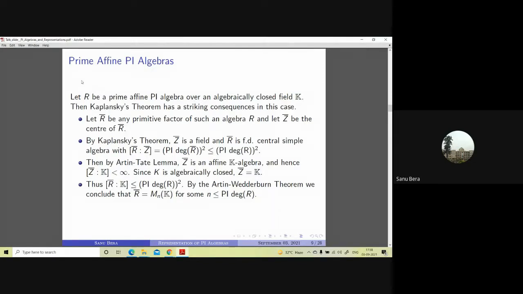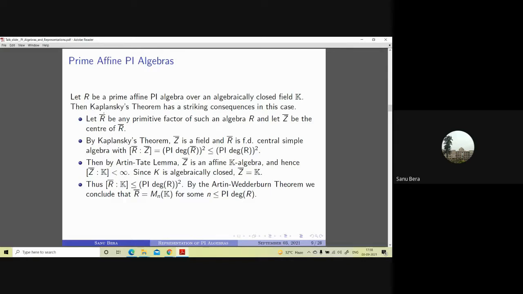Take a simple module over R and quotient R by the annihilator of that simple module; that will be denoted R bar. R bar is a primitive factor of that ring R, and Z bar is the center of R bar. Kaplansky's theorem says that any primitive PI ring is a central simple algebra with center Z bar. So Z bar is a field, and R bar is a central simple algebra.